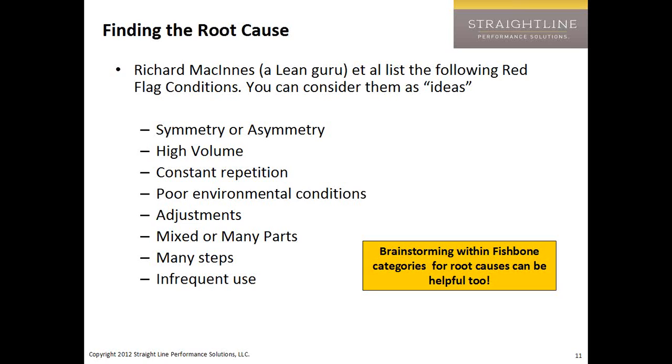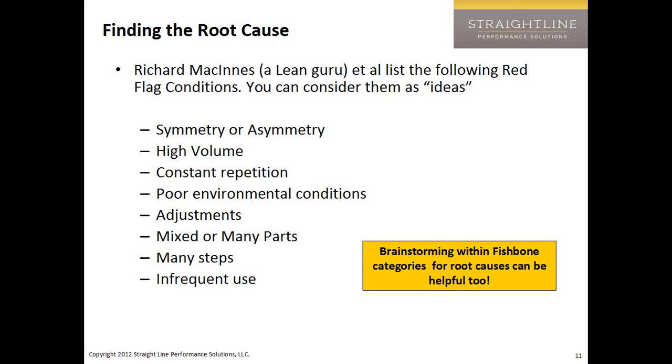If I have a high volume, if I have people doing constant repetition, what might be a practical solution if I have people that are doing repetition all day, every day, and that's why they're making mistakes? What might be something that I could do? You could rotate them to a different job at a certain point. Perfect. Yeah, great.